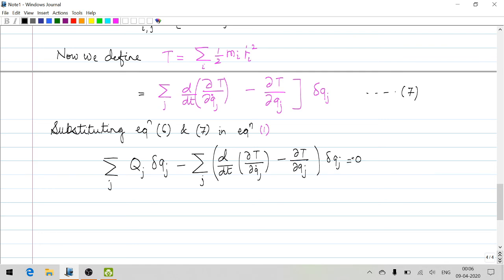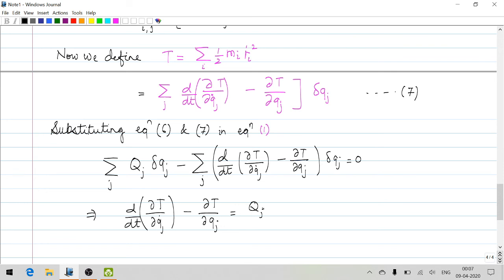So which implies this: d by dt of dou T by dou qz dot minus dou T by dou qz is equal to Qz.